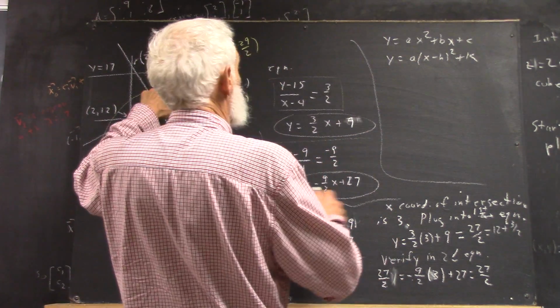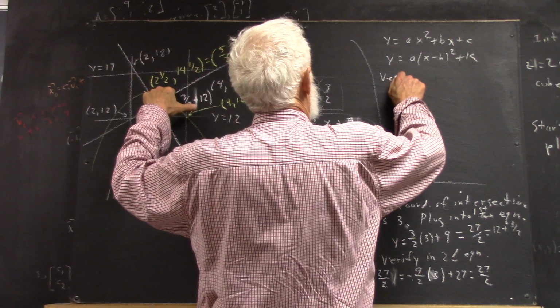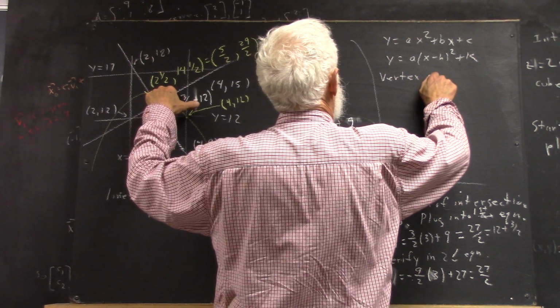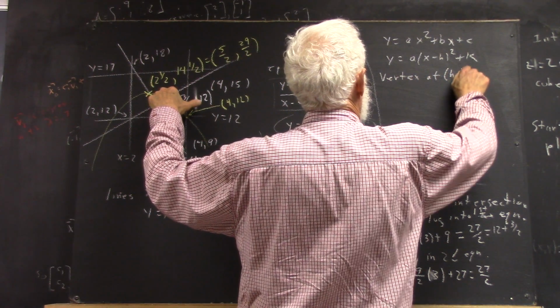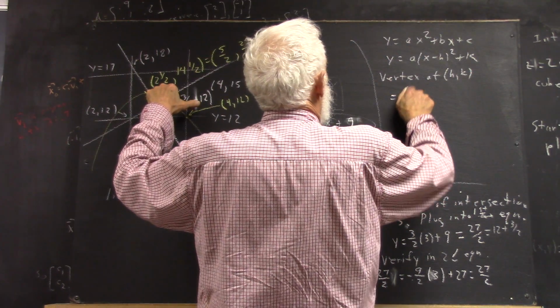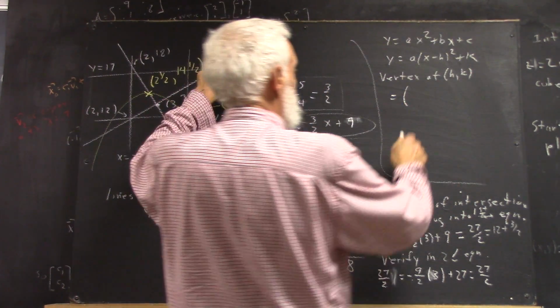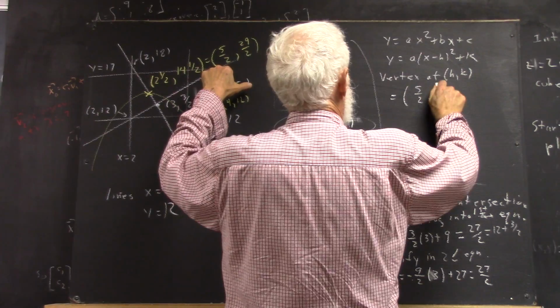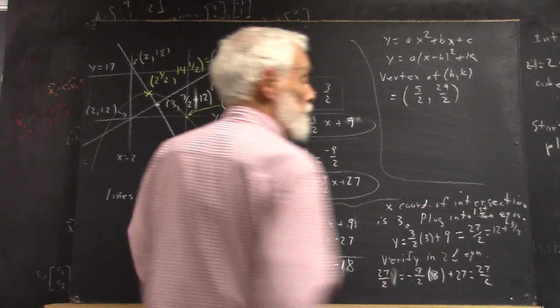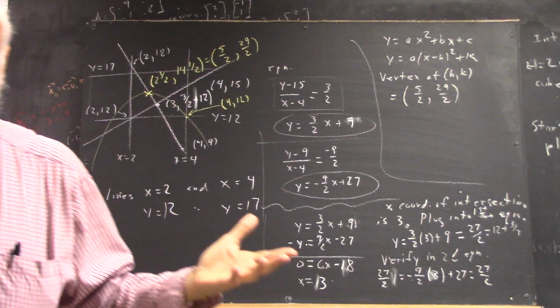So, the vertex would be at the point (h, k), and we just estimated that to be (5/2, 29/2), right?